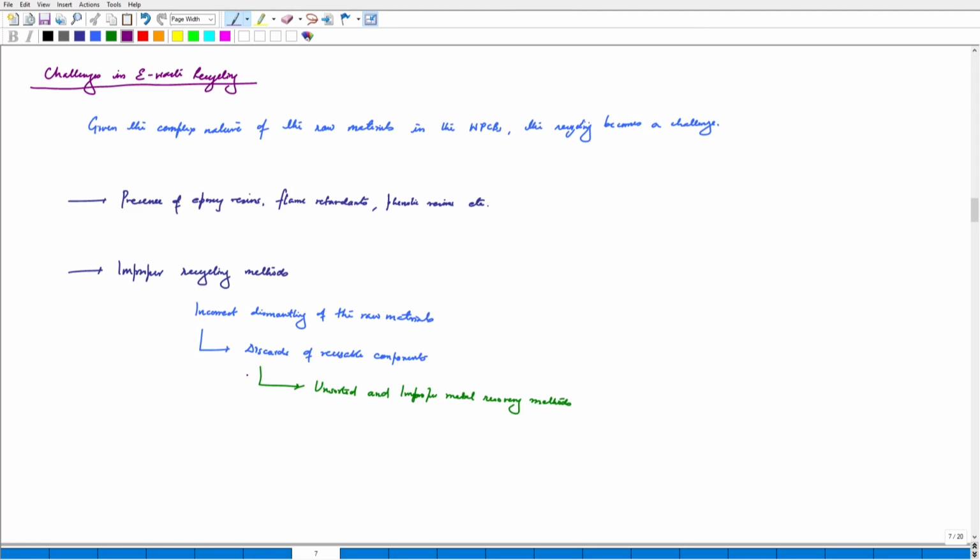This is going to lead to lower metal recovery, and this is followed by release of hazardous gases, which means again, this is environmental impact, harm to the surroundings.